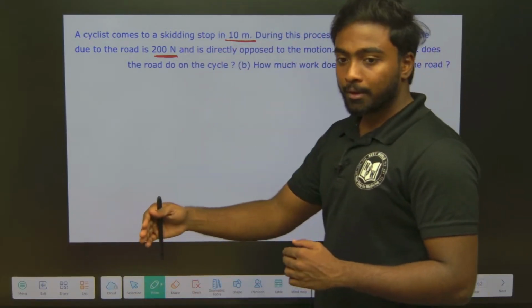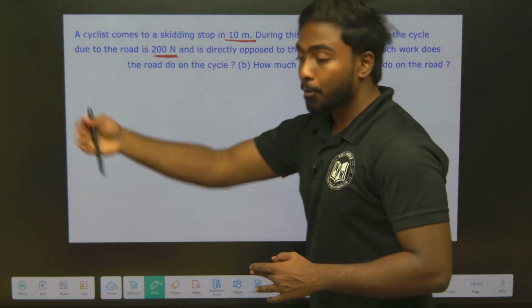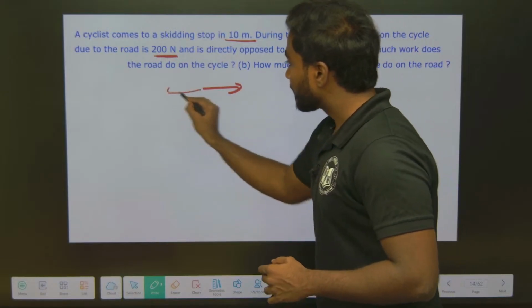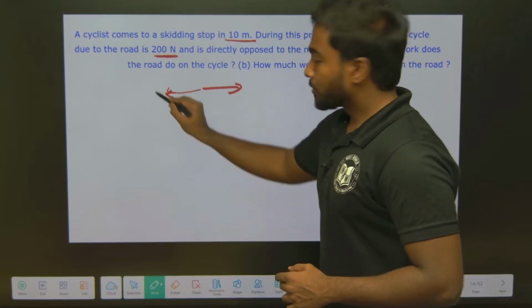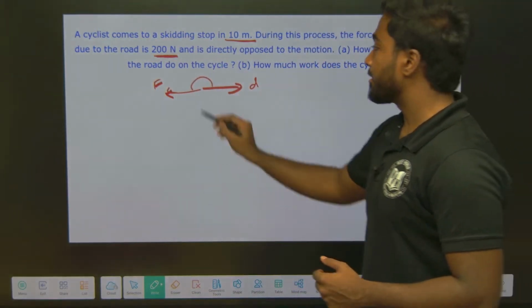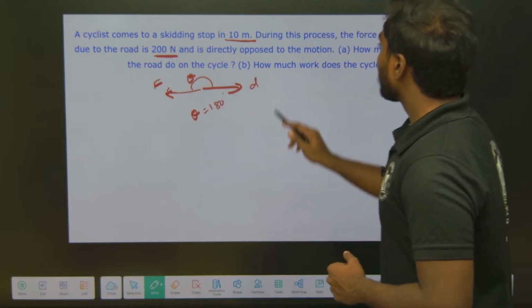A 200 Newton force opposes him, which means he is going in this direction, force is acting in this direction, right? So force and displacement have an angle between them of 180 degree. This is theta, so theta will be equal to 180 degree.